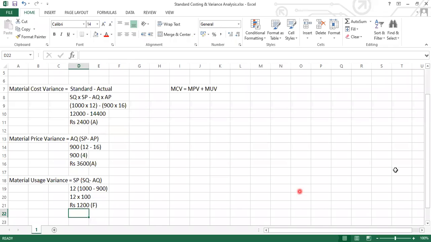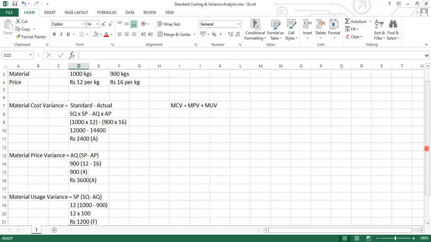Now class, we can do the verification for the same. What is material cost variance made of? Material price variance plus material usage variance will give you the material cost variance. So how can you verify? See, how much is the material cost variance? 2400. If adding both of these gives you this 2400, it means your sum is correct. Sorry, it is adverse, so just write A in the bracket. Now we add both to get this amount.